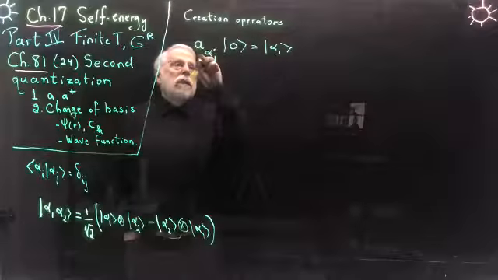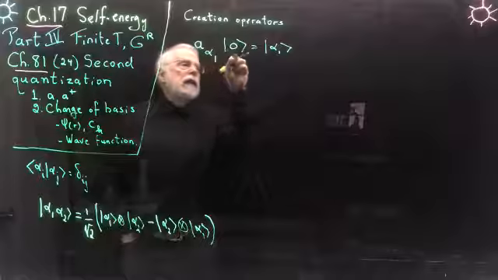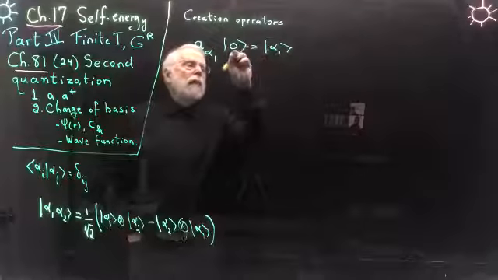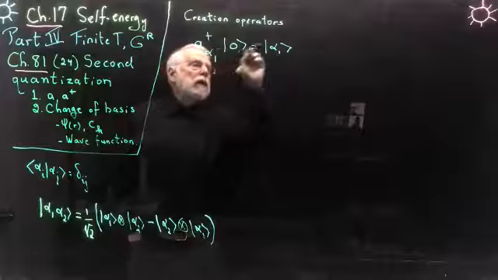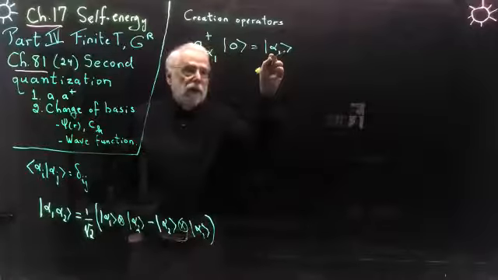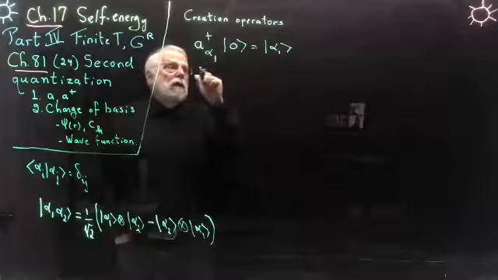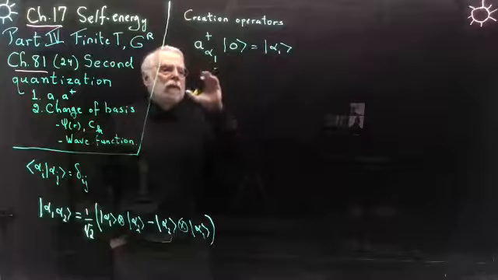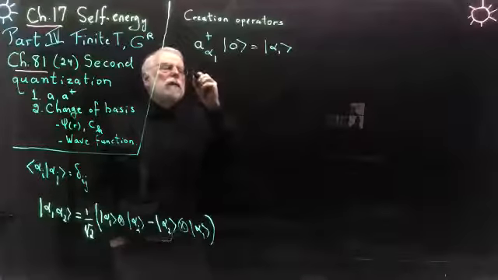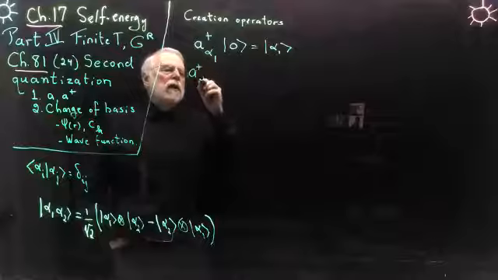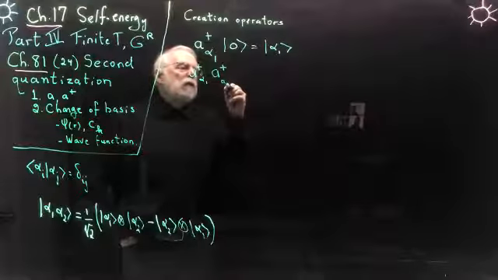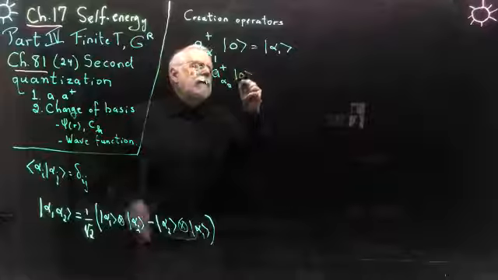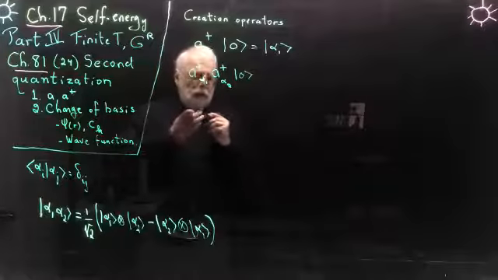Now, the way these operators are defined is not only that out of the vacuum they create a state alpha 1. They also anti-symmetrize. So suppose that I have A dagger alpha 1, A dagger alpha 2 acting on the vacuum.